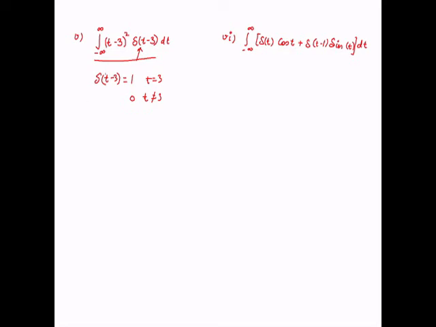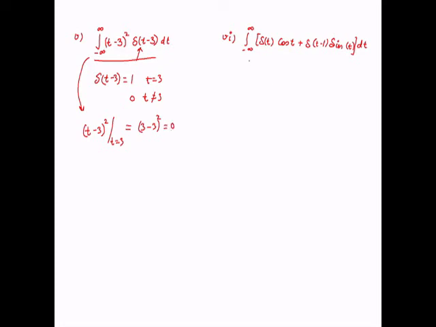Now from the property we can write that t minus 3 raised to the power 2, then t is equal to 3. If t is equal to 3, then this will be 3 minus 3 raised to the power 2, and that is 0.